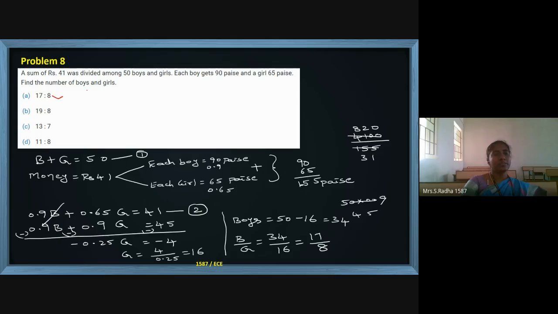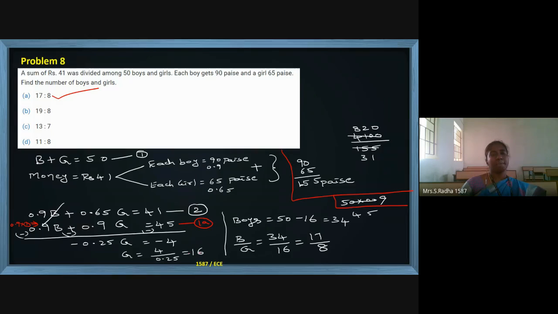So in this way also it can be tried. Other than that, you can also try what I have done: equation 1 into 0.9, solving with equation 2, I am getting the number of girls as 16.